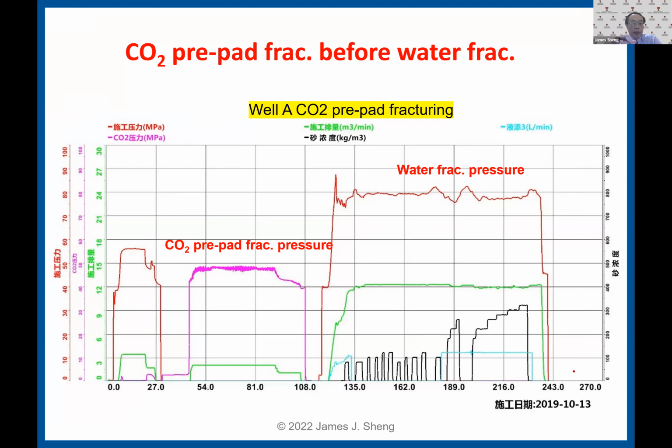So therefore, people think about using CO2 fracturing instead of water, hydraulic fracturing. Another reason is, as I mentioned on the previous slide, water will react with the mineral rocks, right? But CO2 may not. With water you have a swelling issue, but with CO2 you may not have such a phenomenon.